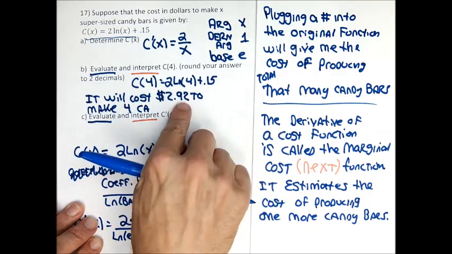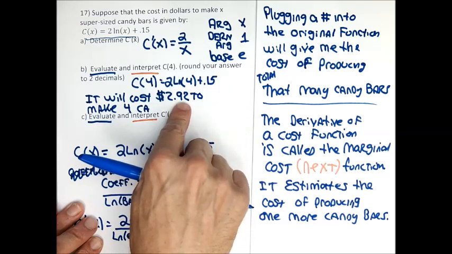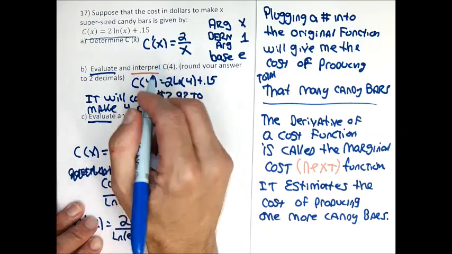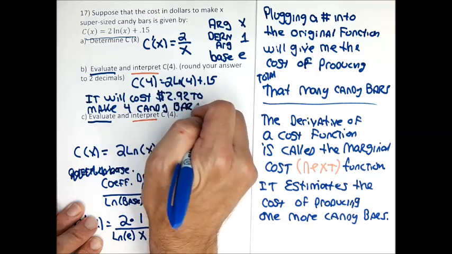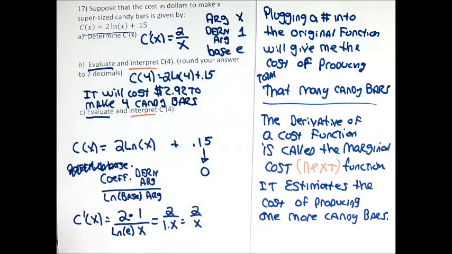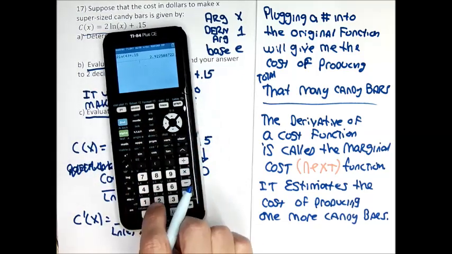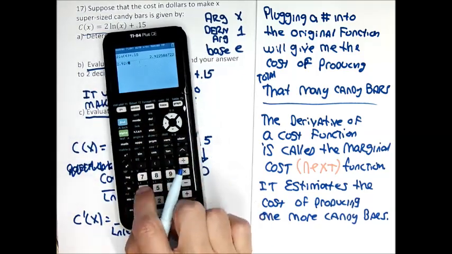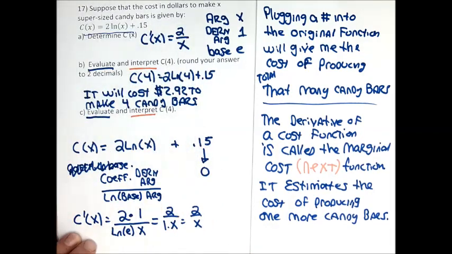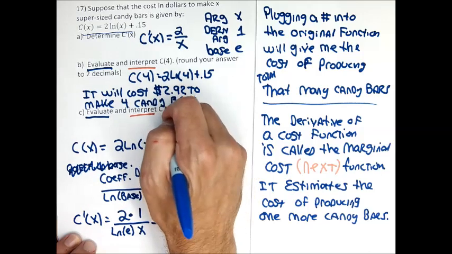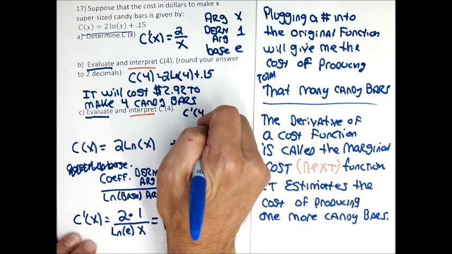So each one costs about 70 cents or so, 75 cents. So that's the total cost. Basically, if I took this $2.92, divided it by 4, that costs about 73 cents per candy bar. Plugging a number into the derivative, that's what this is asking me to do. It's saying find C prime of 4.